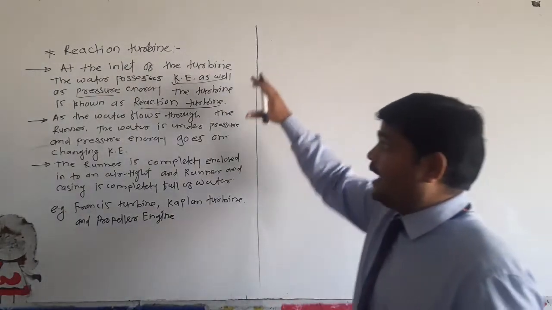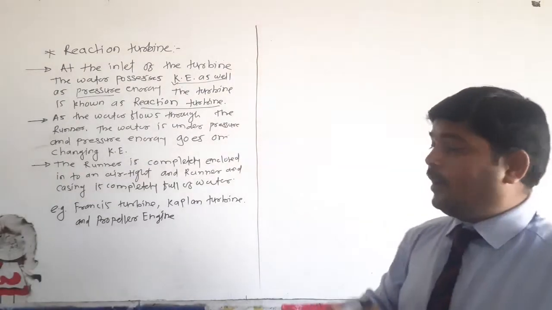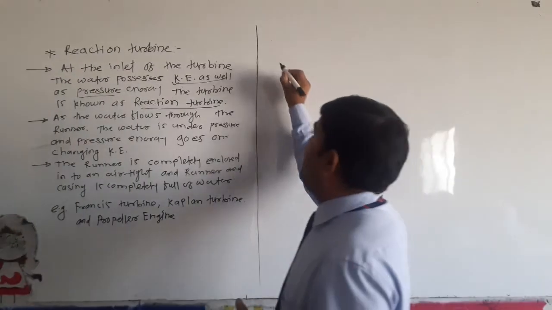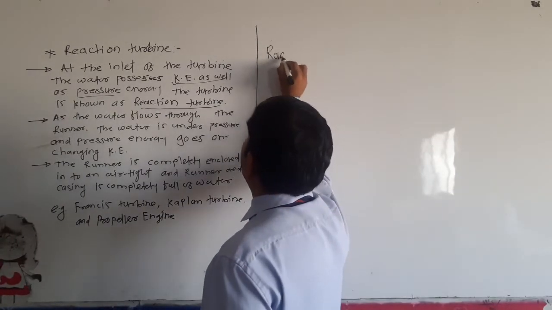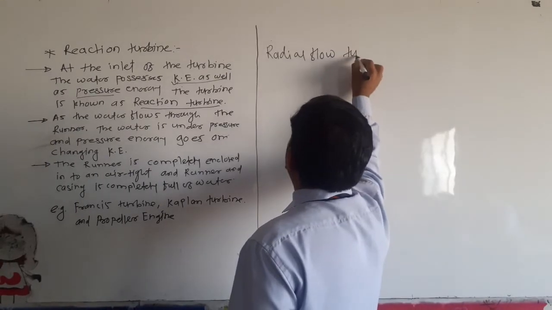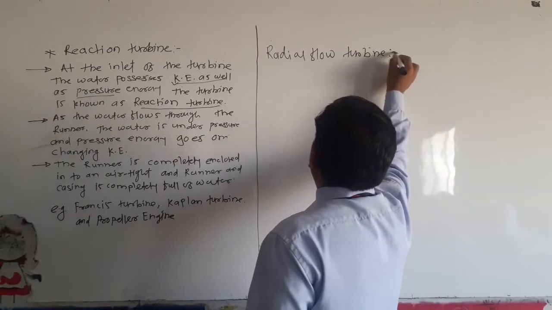Now the reaction turbine is also classified into some types. We have to study the details of those types. The first type is the radial flow turbine. What is a radial flow turbine?